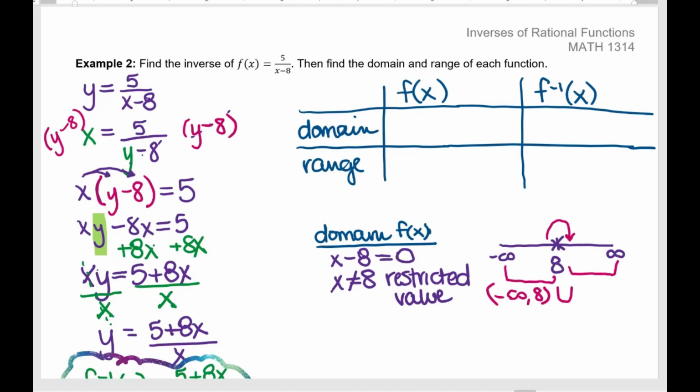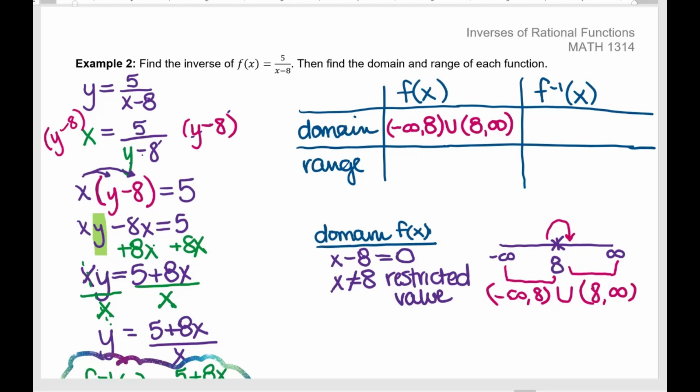And then our second part, we have 8 to infinity. And again, with parentheses, because we never actually hit infinity. And we can't include 8 because that's where we wind up with a black hole, that 0 in the denominator. So we just found that the domain of our original function is negative infinity to 8, union 8 to infinity.